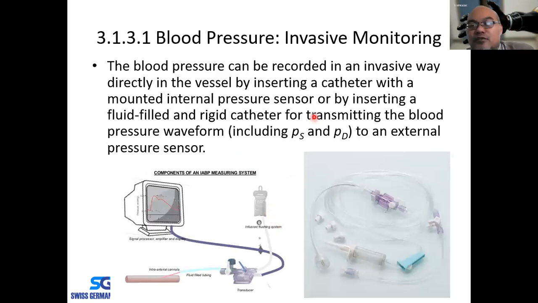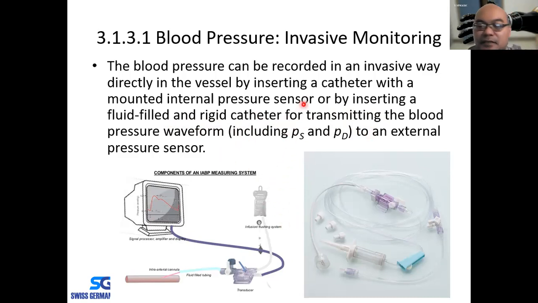If we want to monitor the blood pressure invasively, and this is actually the most accurate one, because we measure the actual blood pressure inside the vessel, by inserting a catheter with a mounted internal pressure sensor, or by inserting a fluid-filled and rigid catheter for transmitting the blood pressure waveform to an external pressure sensor.